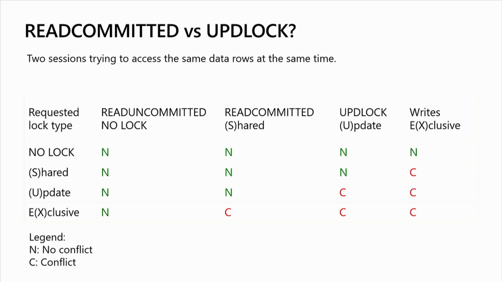What is even more interesting is here, look at S versus U. Shared versus update is also compatible, which means if somebody comes and locks by using an update lock, you can still read that. Now, the person who's reading with an update lock wants to have a consistent view of data.